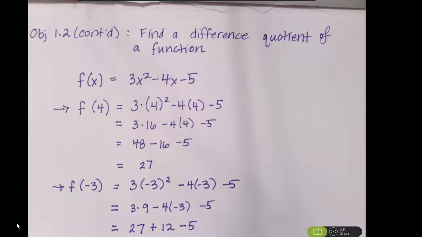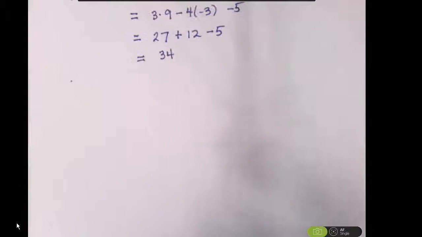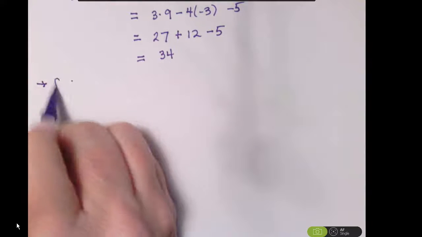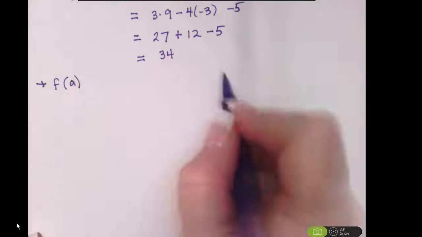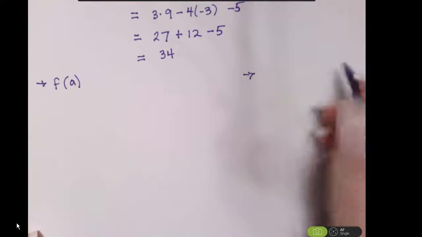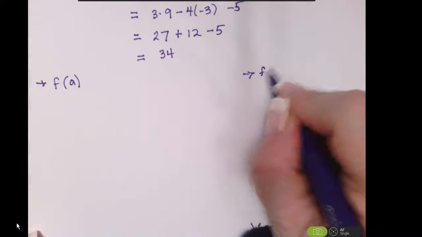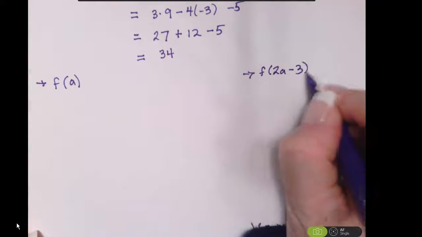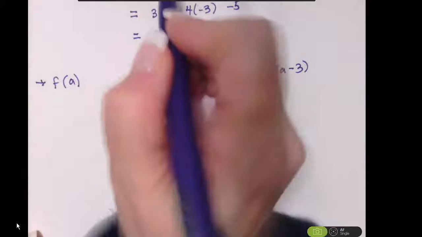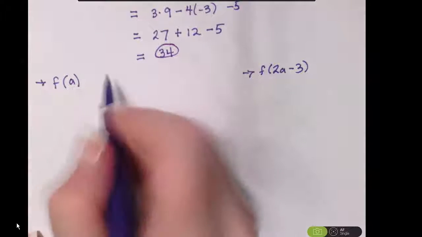But you can also substitute expressions. So I'm going to show what f of a looks like, and then right over here I'm going to show what f of 2a minus 3 looks like. So I'm going to substitute those in, and instead of getting a numerical value, my final answer will be an expression.